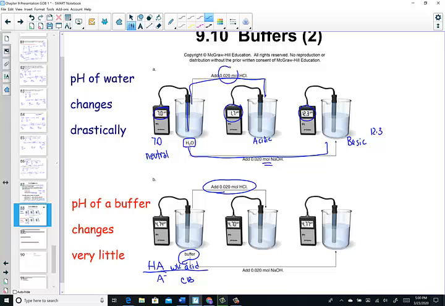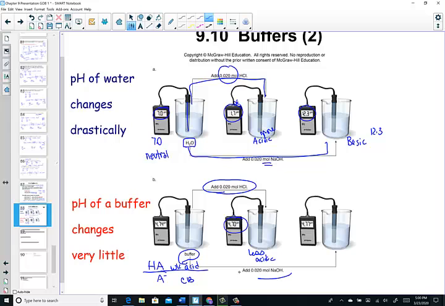Remember, it's up here, 0.02 molar HCl, and the pH changed drastically to 1.7. But now what is it at? In a buffered solution, it still changed, but not as drastically. It only dropped to 4.7, which is less acidic than what it was up here at 1.7.